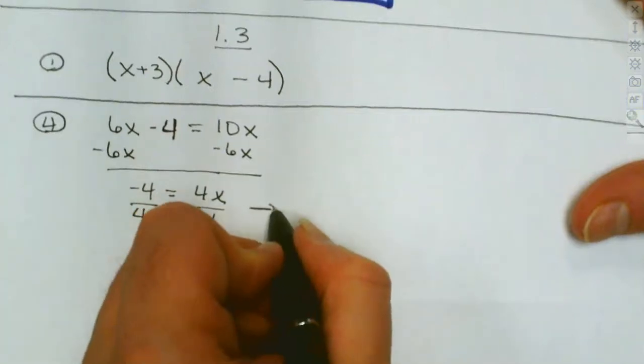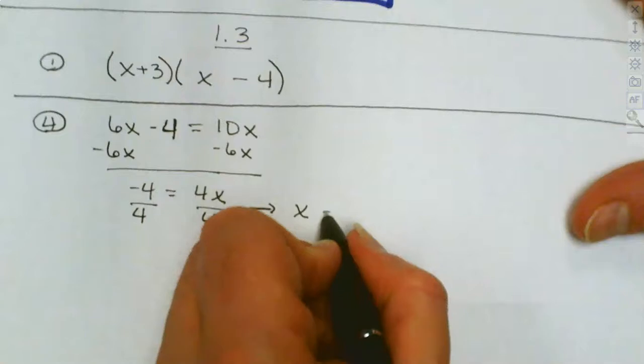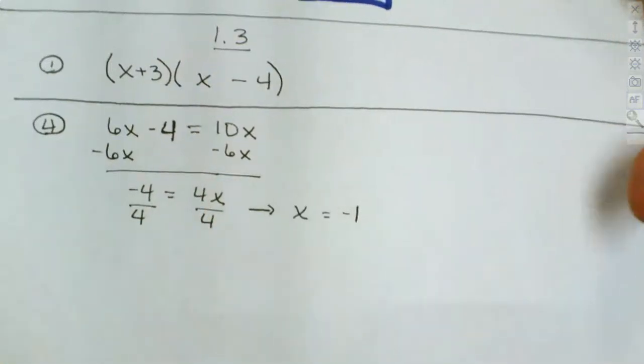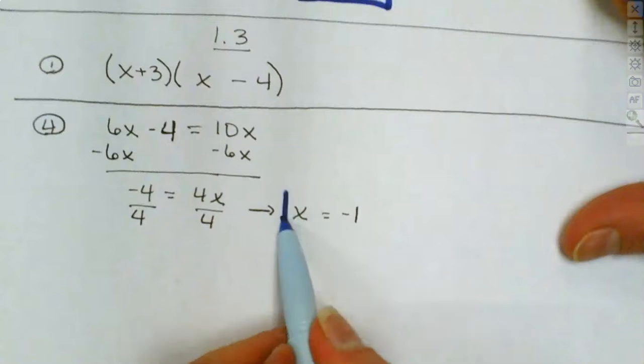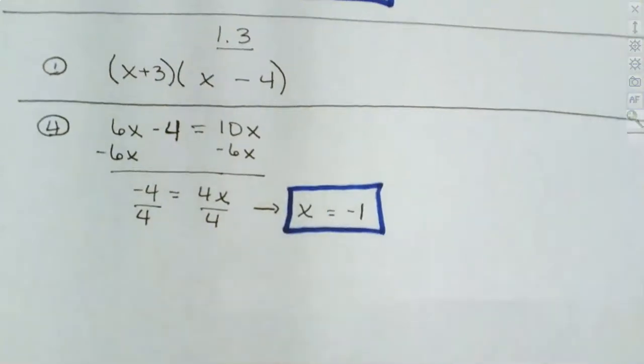And we'll write our variable on the left. So we have an x. And what does x now equal? -1. Here's your answer for that. The tricky part was just setting it up and understanding what the words mean.